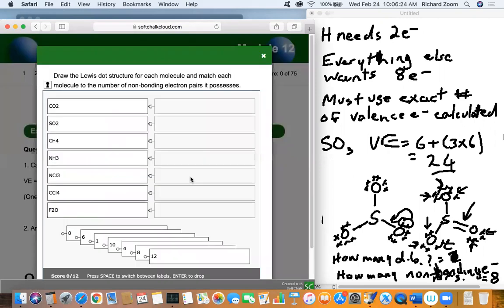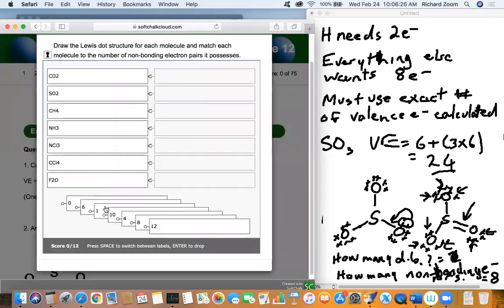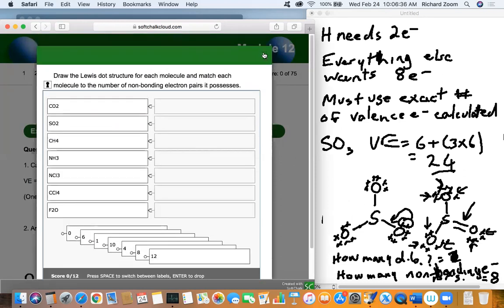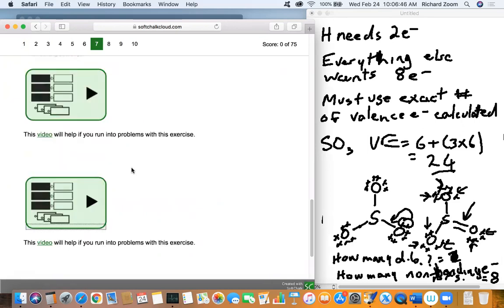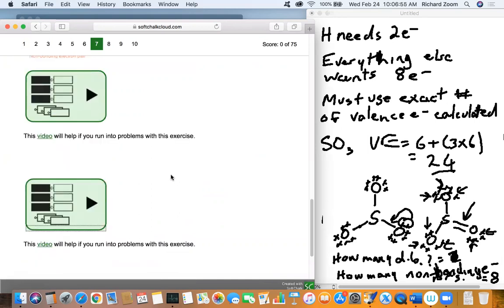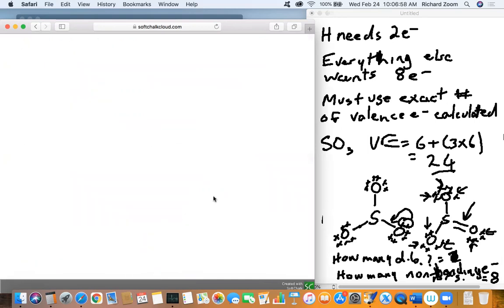There's another one here that deals with non-bonding electron pairs. And again, you're required to draw all the different Lewis structures for that and match the electron pairs. That's a really cool exercise too, and again, that has a video that helps you out as well. So I really can't stress enough the importance of doing that, but so few people do. I don't know why, they just don't like doing it, but I think it's really, really useful to help with the understanding of these Lewis dot structures.